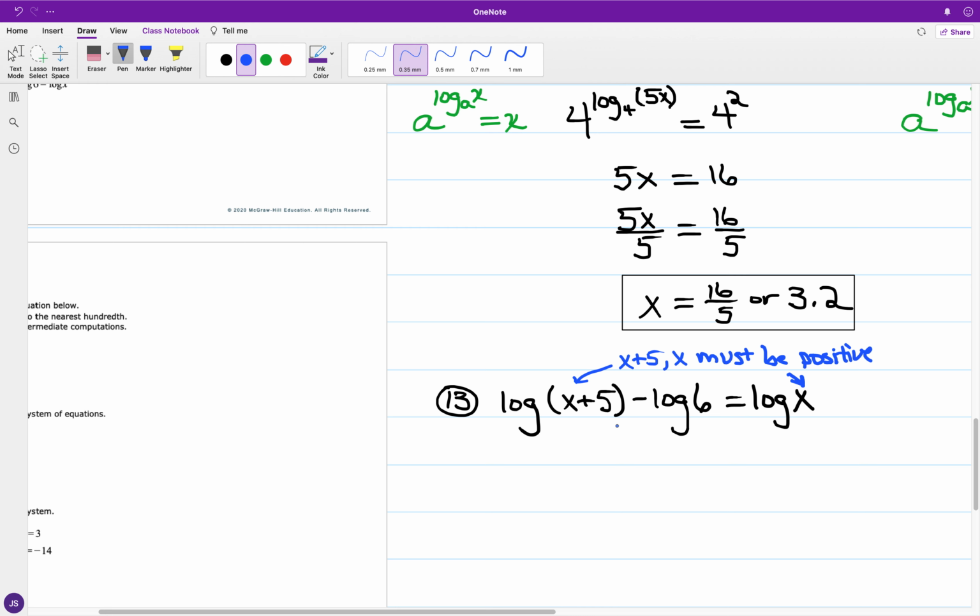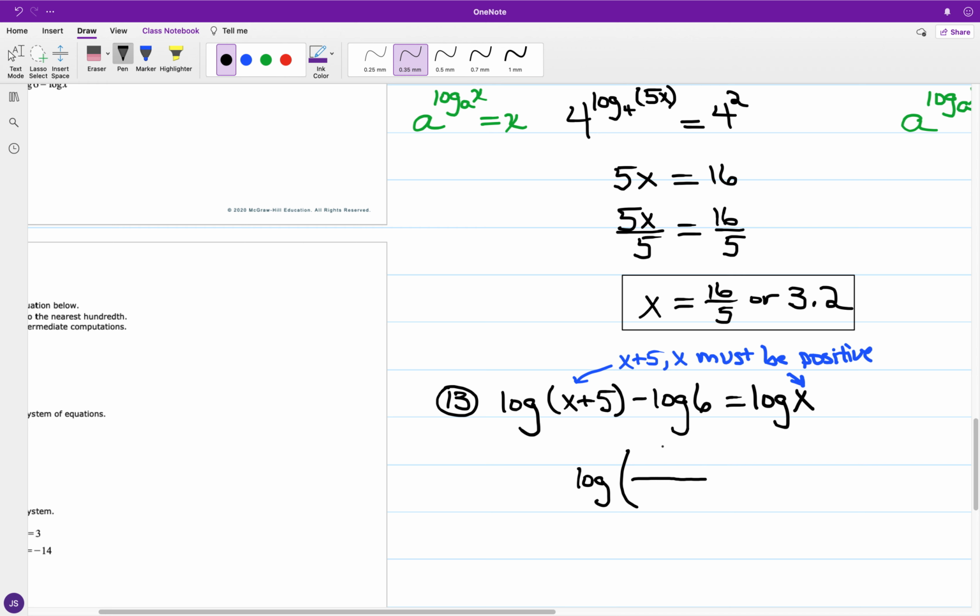Now, for the difference of these logarithmic terms, I can consolidate them as one statement, condensing or combining as a single logarithm. Now again, subtraction is going to imply division between the arguments. So on the left, we have the base 10 logarithm of x plus 5 minus that of 6.